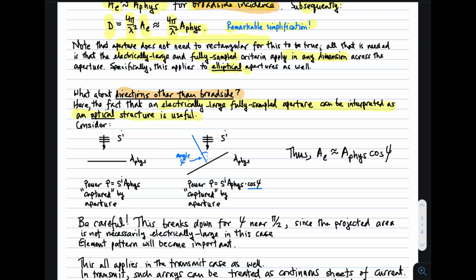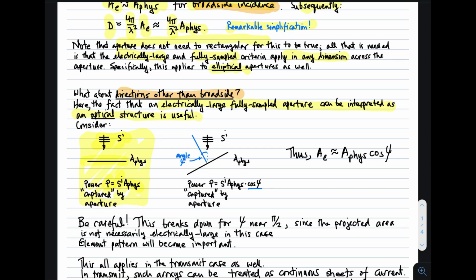Imagine this physical aperture with an incident power density from broadside, so many watts per square meter. The power density times the physical aperture is the power captured by the aperture.